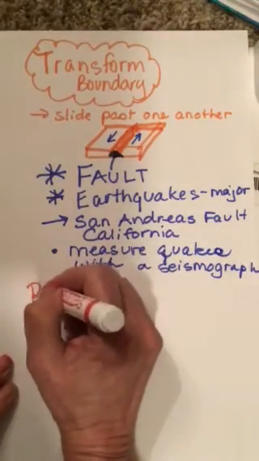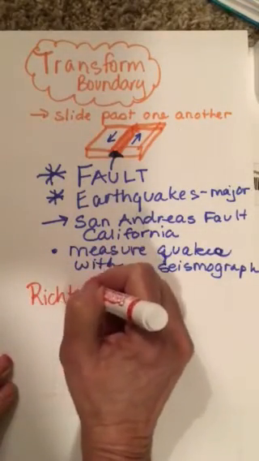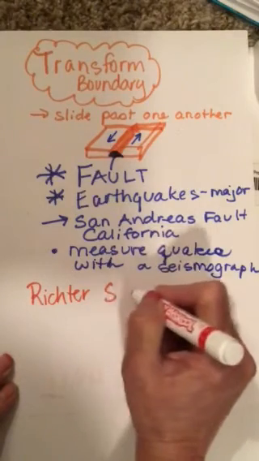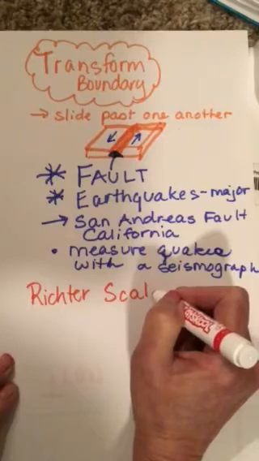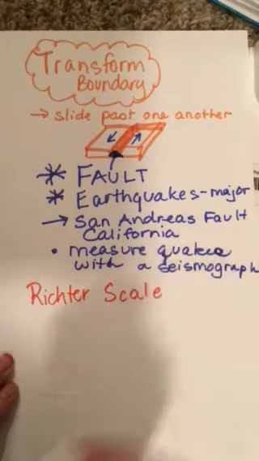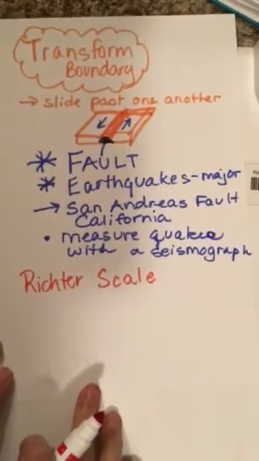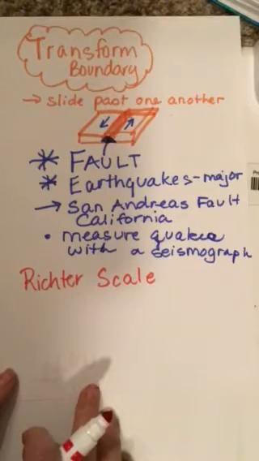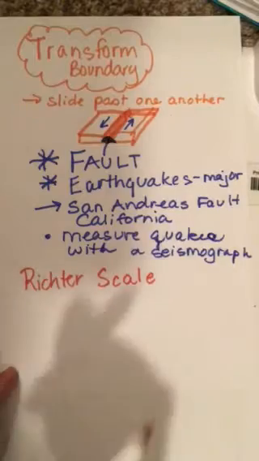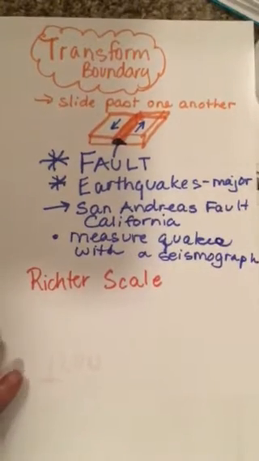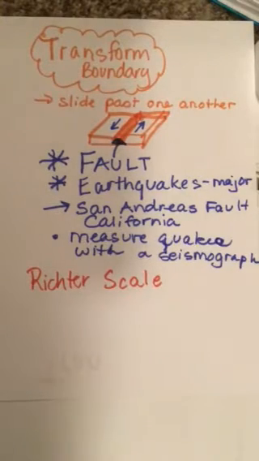A scientist named Richter came up with a scale, I think it's 1 to 10, to describe how the different types of earthquakes would impact land features. Not just the earthquake, but what would be destroyed, how many houses and cities and things like that.